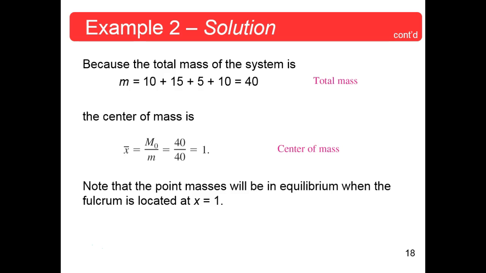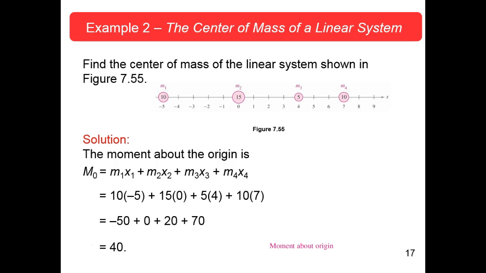The point masses will be in equilibrium if you located the fulcrum there. Now, this is just an arbitrary scale you start with, but it's what you measure from. If you move the fulcrum right there, not there, but here, then that would be perfectly balanced. You could go back and calculate then. If your fulcrum is here, that's 15 times 1 is 15, and this would be 60, so that would be 75 on this side.